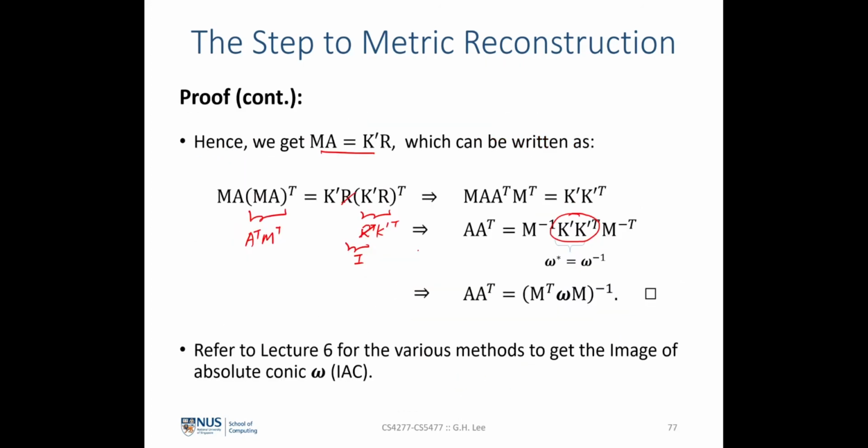Here we know that M is from the camera projection matrix, and omega, which is the image of the absolute conic, can be obtained from the various methods which I have mentioned in lecture 6.